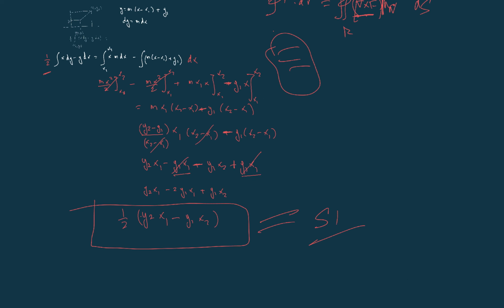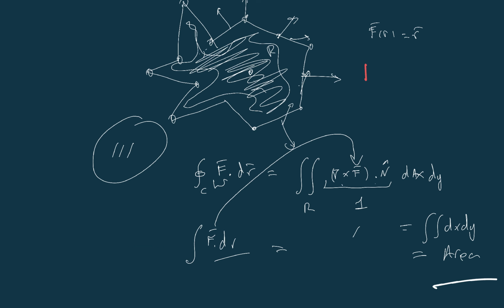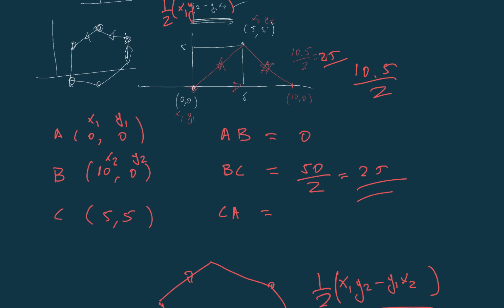Okay, here I did the calculation. You can check the calculation is 1/2 of x1 y2 minus y1 x2. So let's apply it to this problem. Now I check my equation on one triangle.